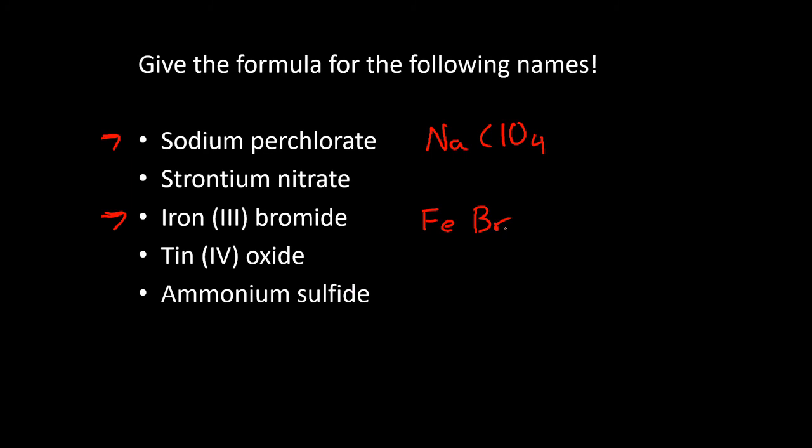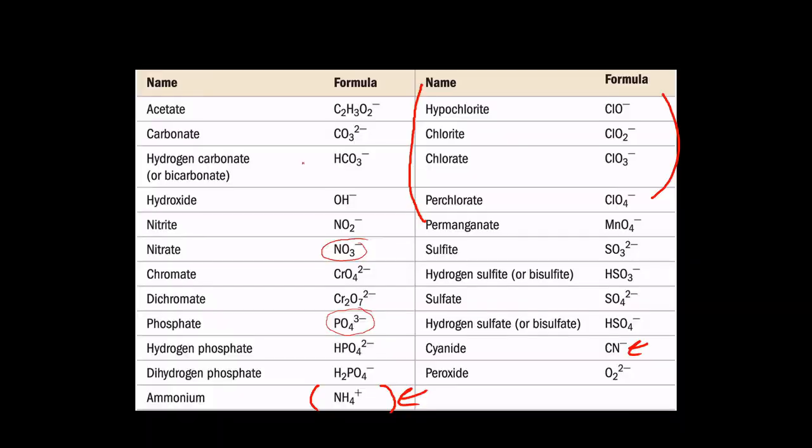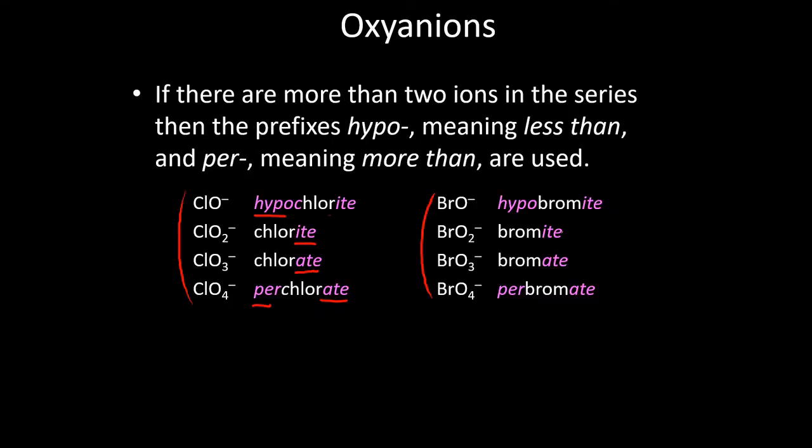we know we're going to have iron, and we know we're going to have bromine. Now notice here, one thing I do want to point out, we don't have iron 3 bromate. This is a very common mistake, students will read this and go to the list looking for bromate. Bromate and bromite and bromide are 3 different things.